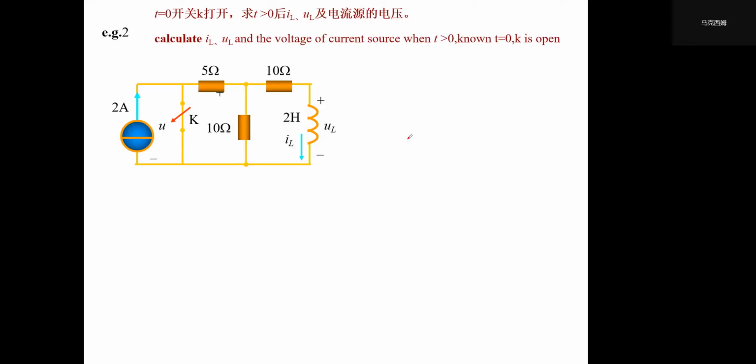We know that at time 0 we open up the switch K. Still we have to transform this circuit into a typical RL circuit.